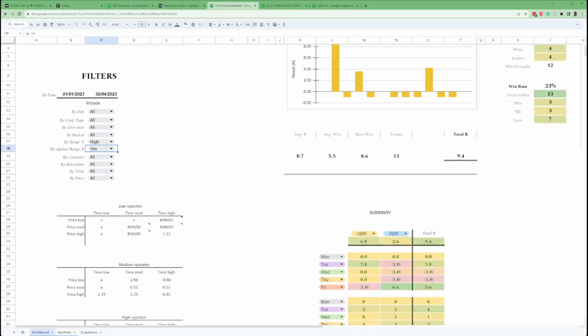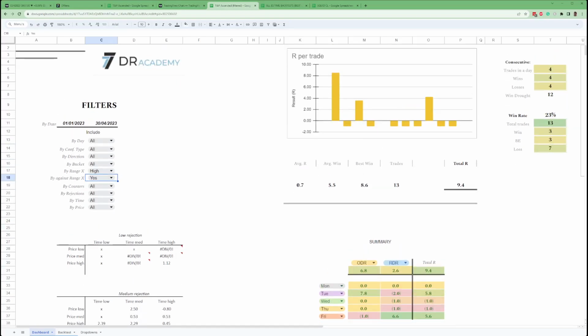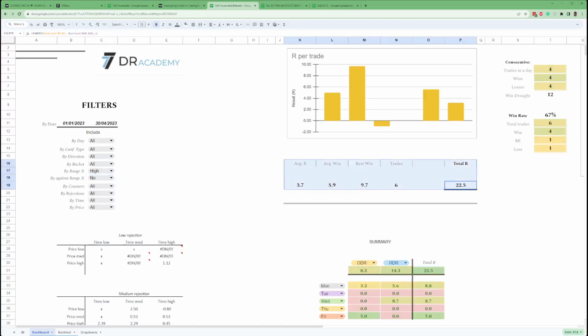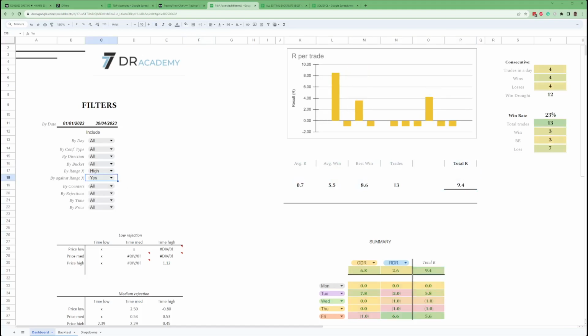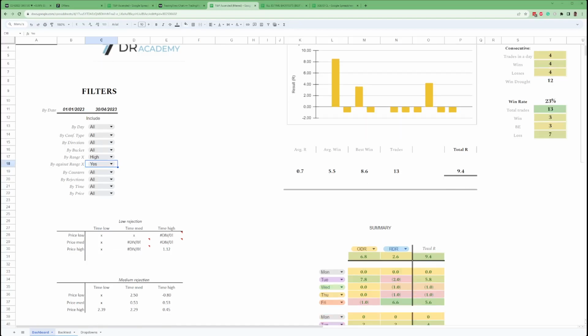But if you just stick to this system, you will still have a positive expectancy. It's not, of course, as good as if you're trading with the range expansion, then it's a lot higher. But it just shows you that rejections itself are a very important part of this strategy.